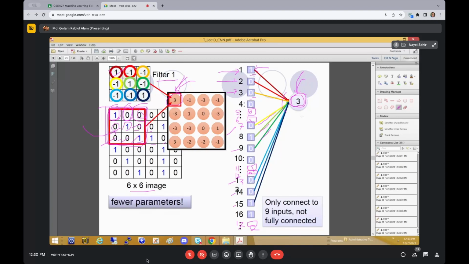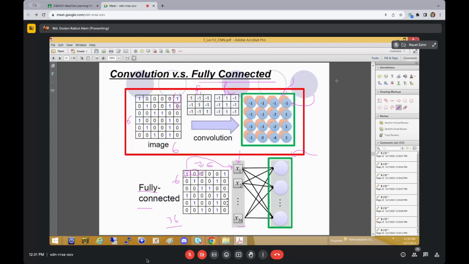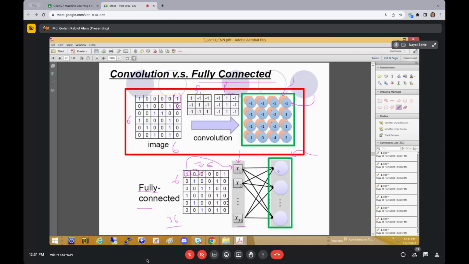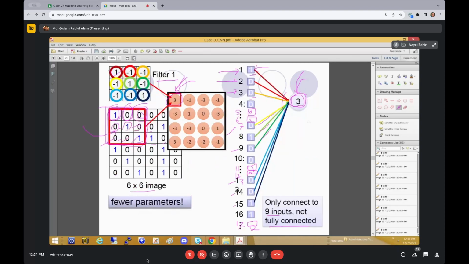We only connect to 9 inputs, not fully connected. For each input we would have to connect all 36, but here we have connected only 9. So lots of connections are already reduced in our convolution operation.